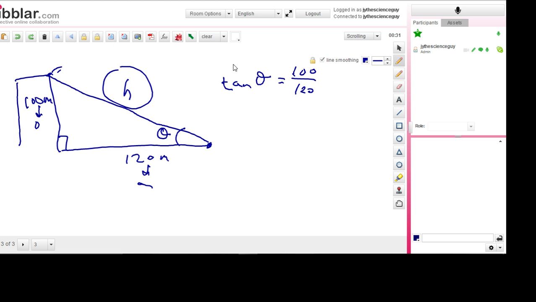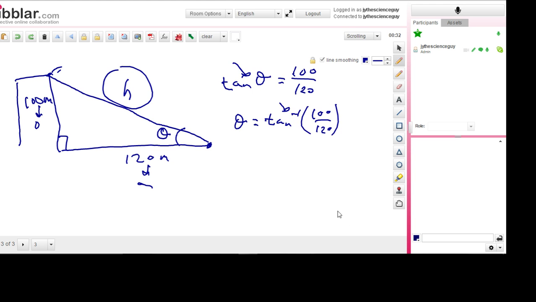Whenever you are solving for the angle, instead of using the trig function, you use the inverse. So in order to solve for theta, I have to say tangent inverse of my ratio. That's where that negative 1 comes from, because I'm actually solving for 120 over 100? Mm-hmm. It's the exact same ratio.